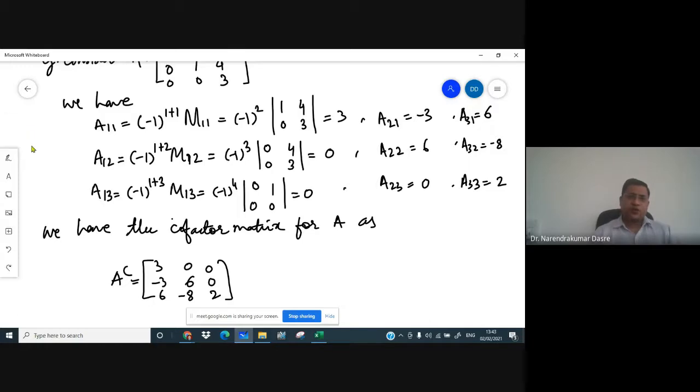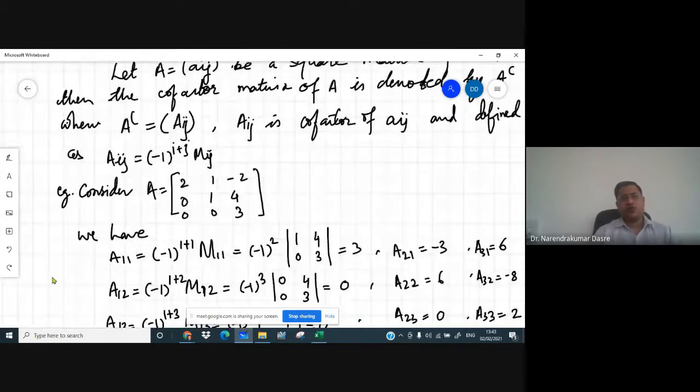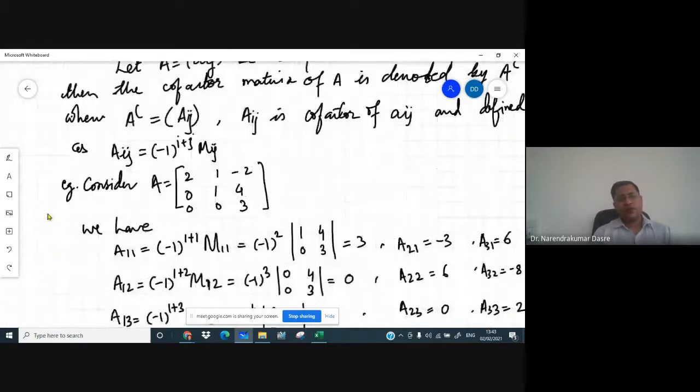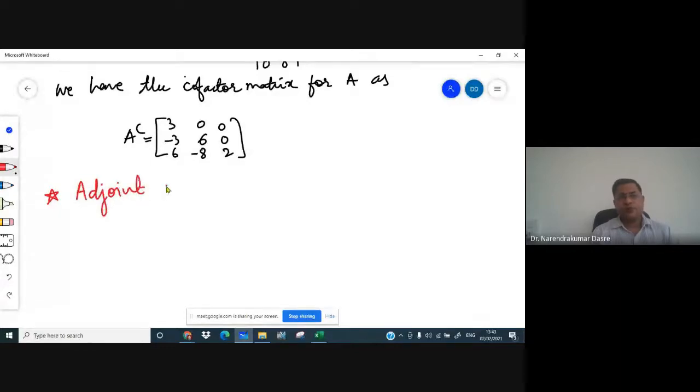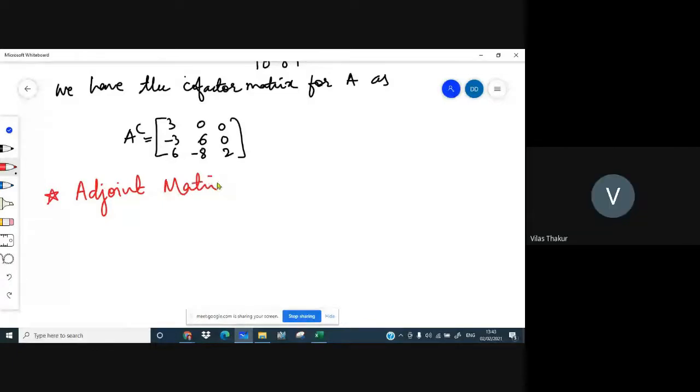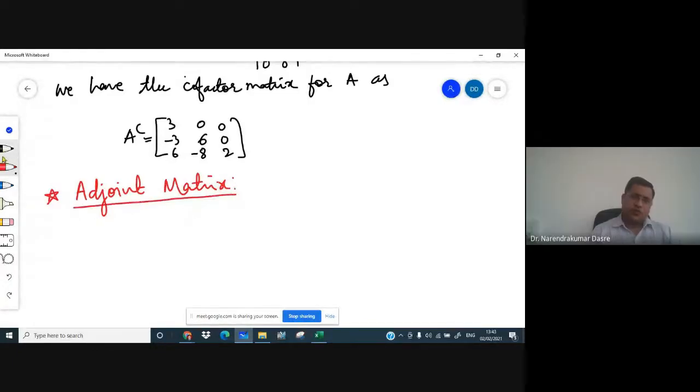Once you are able to calculate the matrix of cofactors, the next concept we need to understand is the adjoint matrix. So what is the adjoint matrix and how do we denote it?